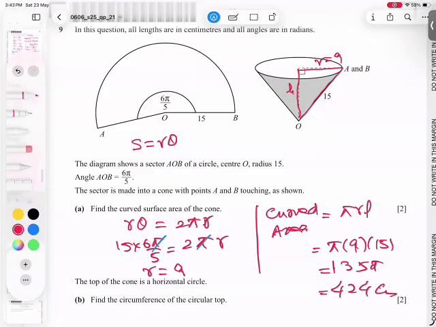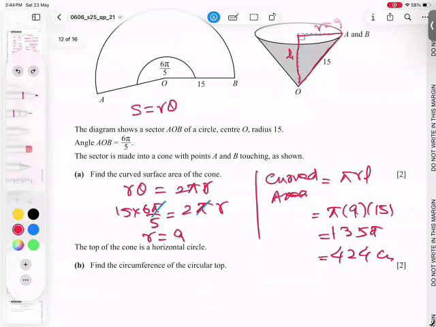And now what are we looking for, students? We're looking at the top of the cone, which is a horizontal circle. Very clearly, it's a horizontal circle. And the circumference of the top circle, we have to find it. So that is clear.